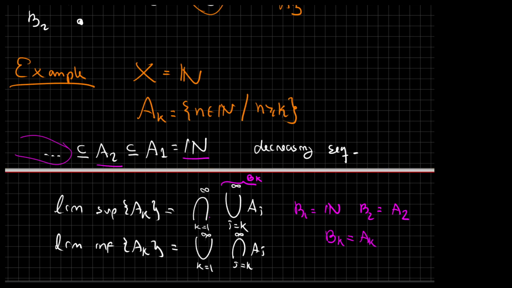So what happens when you intersect everything? Well, the intersection of these sets, which are properly decreasing, is the empty set. So this is equal to the empty set.